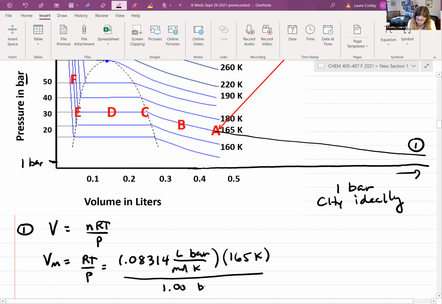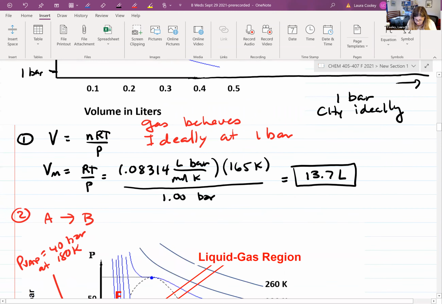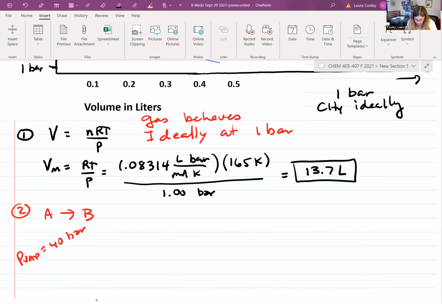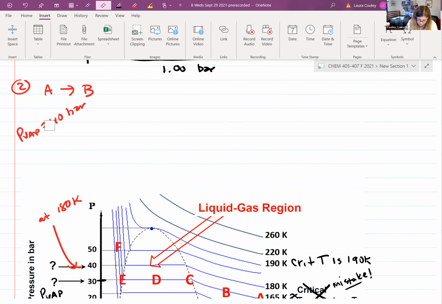So now let's take a look at point A to point B. We're going to look right over here. That's the second part, going from A to B on the diagram. I kind of did this in the wrong order, but that's all right. As you go from A to B, let's look at this diagram.